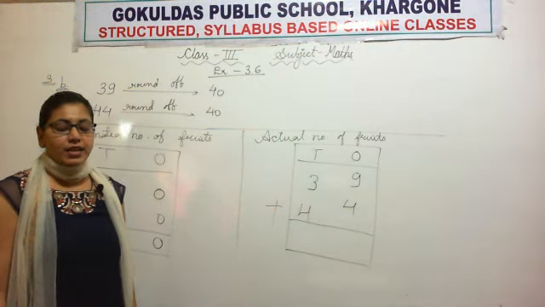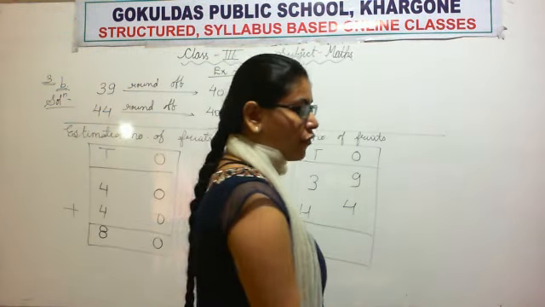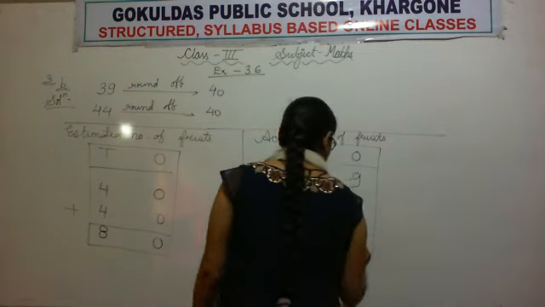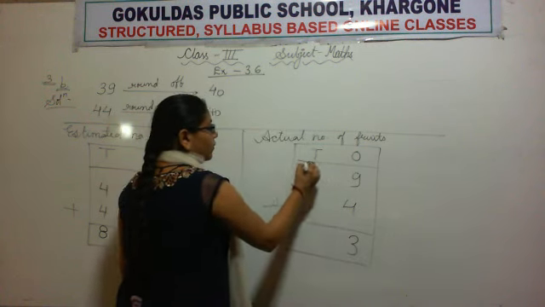Add 9 and 4 and tell me the answer. So, what is your answer? Very good, 13. So this is how we will write 3 and carry 1.